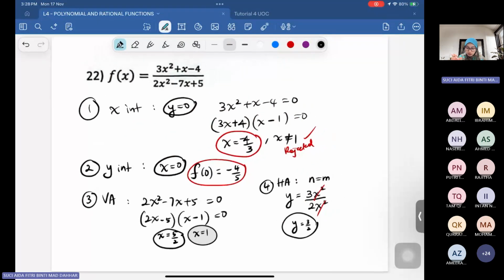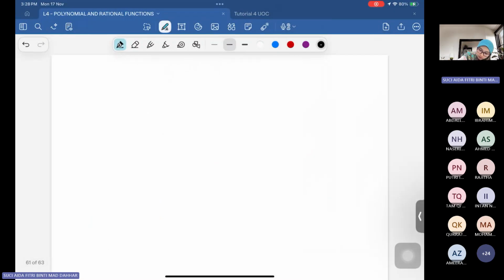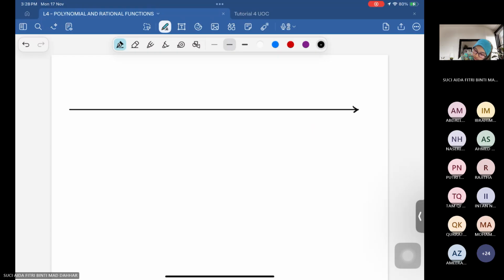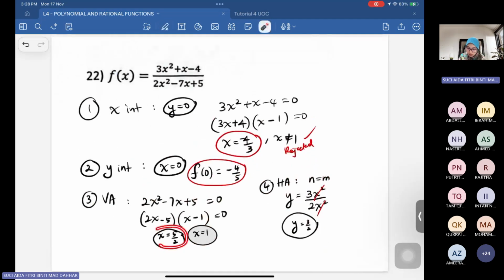Okay, now that we have all the asymptotes and intercepts, next we can continue with the number line to test values. But before that, just now we've got 2 vertical asymptotes at 5 over 2 and at 1. 5 over 2 is 2.5, right?